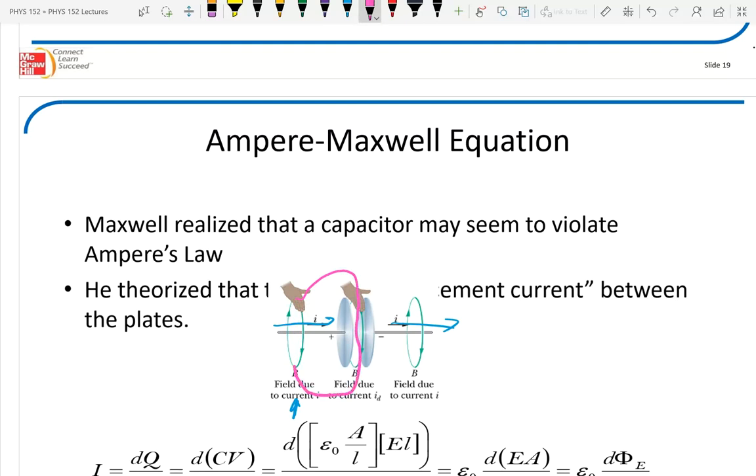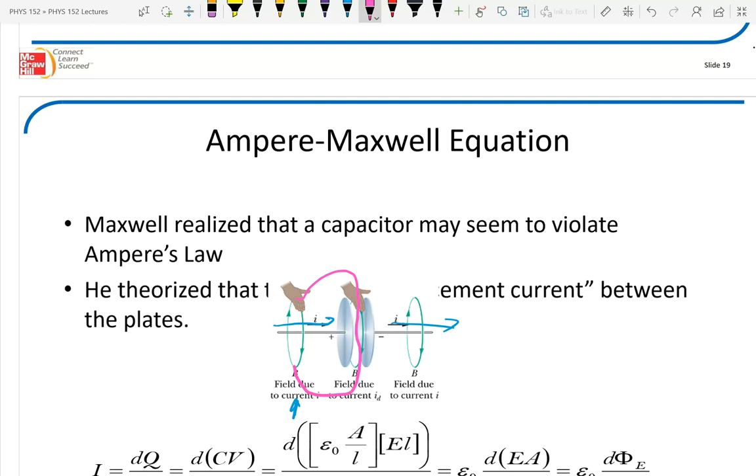So I have a closed surface that's like a balloon that's been blown up. The balloon is passing between the plates of the capacitor, and there's no current going through any piece of that balloon. Well, according to Ampere's law, the current enclosed is zero then, and so the magnetic field would be zero. So now Ampere's law would say it depends on where you choose to make your surface whether you have a magnetic field or not.